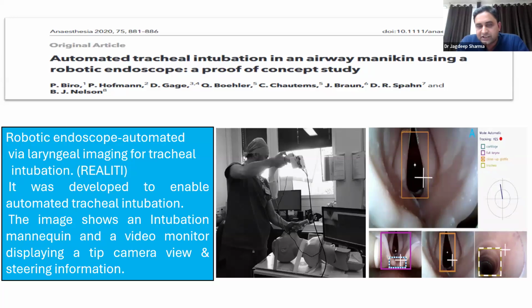Intubation was not taken into consideration, and it has two modes. One is the automatic mode and the other is the manual mode. On the right side, this image shows that once there is laryngeal imaging, the endoscope automatically goes through and reaches the tracheal rings.